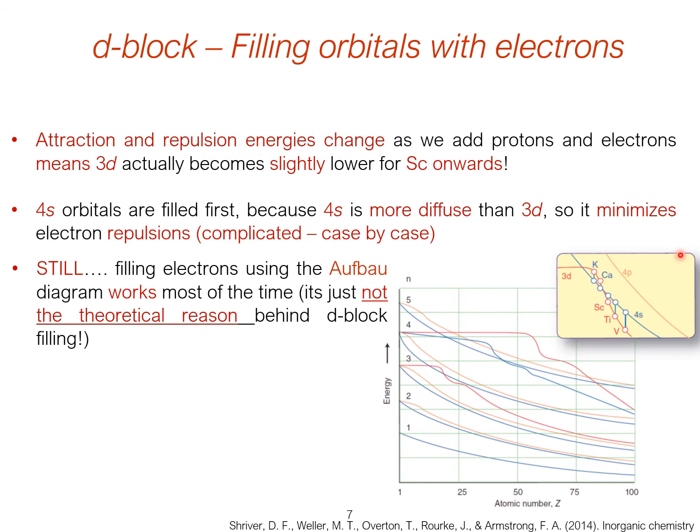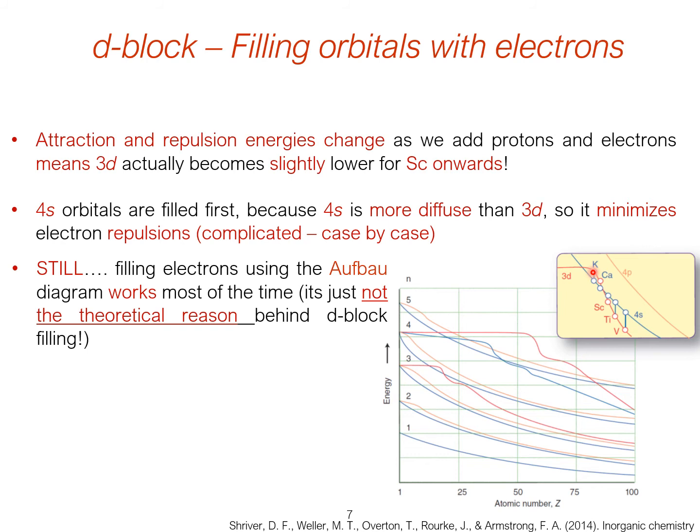But we can see in this graphic I've got here that this red line that highlights the energy of the 3d orbital and the blue line highlights the energy of the 4s orbital, that when we enter the transition metals and go across them, the 3d orbital is actually lower in energy than the 4s orbital. That doesn't change anything though, because the 4s orbital is still filled first, as we saw on the last slide, with a couple of exceptions.